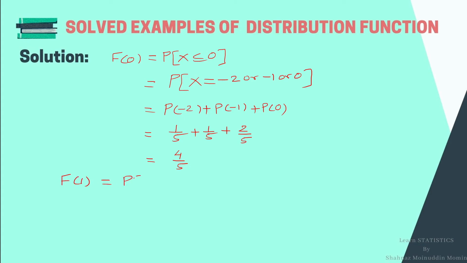The next one is F1. F1 equal to probability x less than or equal to 1, which is equal to x equal to -2 or -1 or 0 or 1.